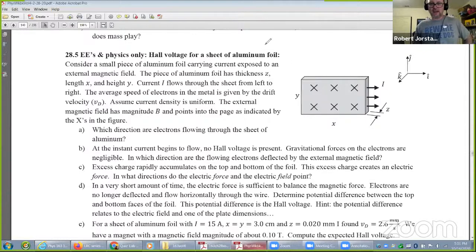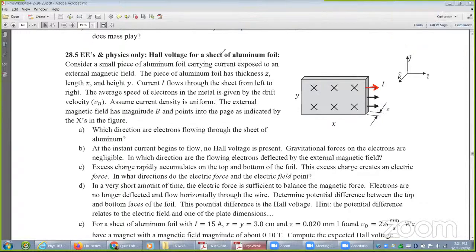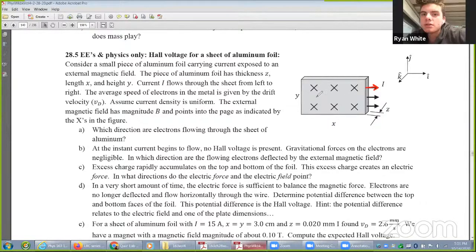Let's say we have this current right here. Which way are electrons moving, if the current is pointing that way? To the right? It's the opposite way, exactly.